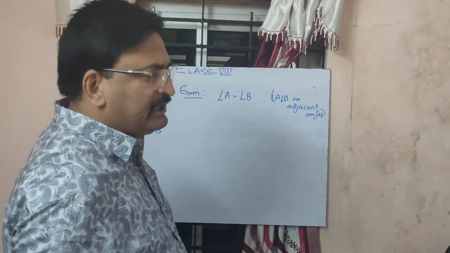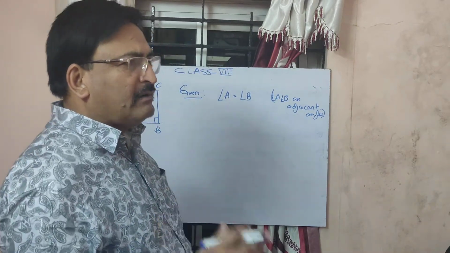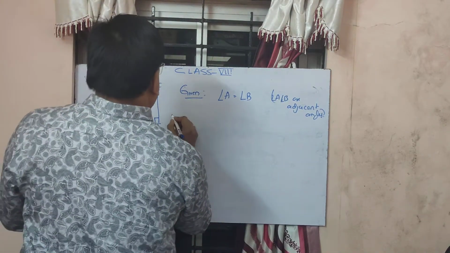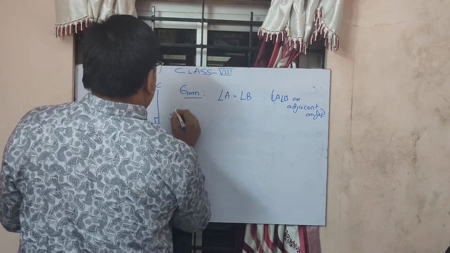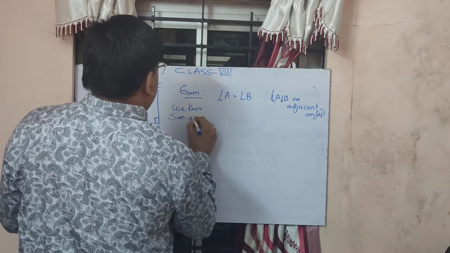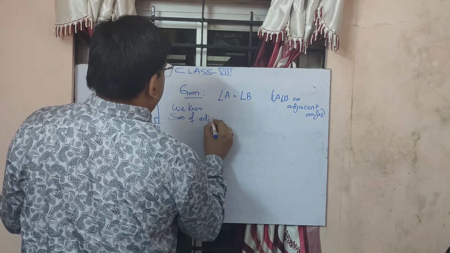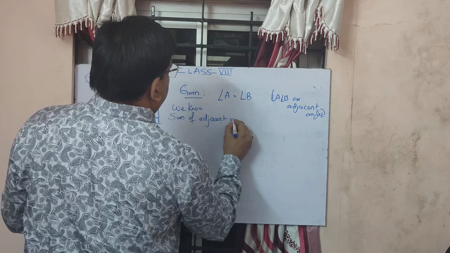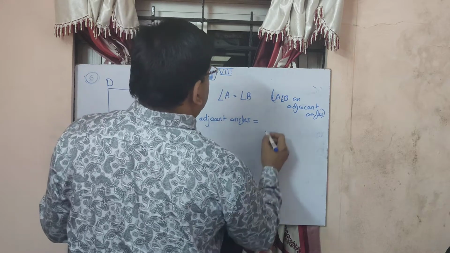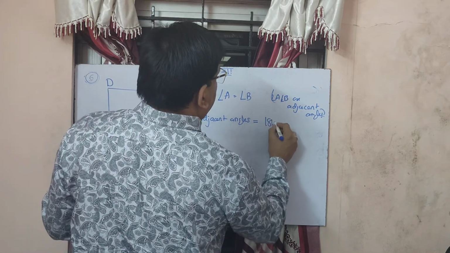Now we know the property of a parallelogram: the sum of the adjacent angles is always equal to 180.